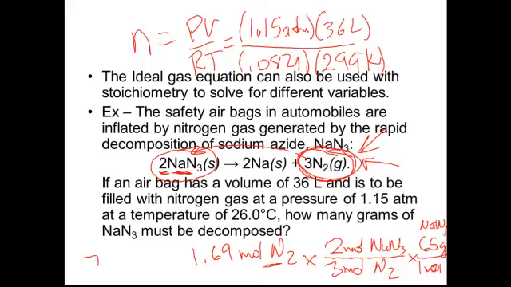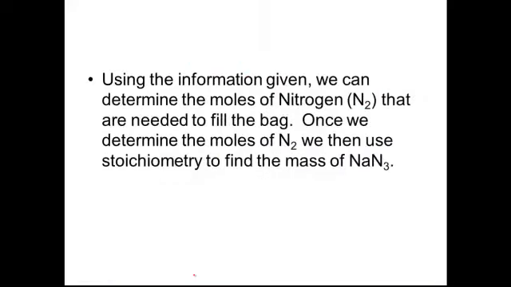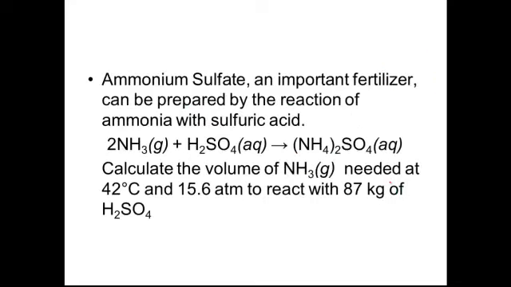And I get a final answer of 73.1. I guess only 2 significant figures here, so 73 grams of NaN3. This question involves not only the gas laws, but also some stoichiometry. We determined the moles of nitrogen first using the ideal gas equation, and once we determined that, we used stoichiometry to find the mass of NaN3.